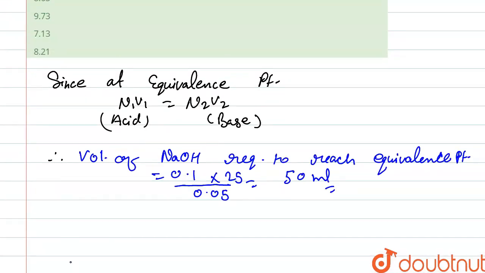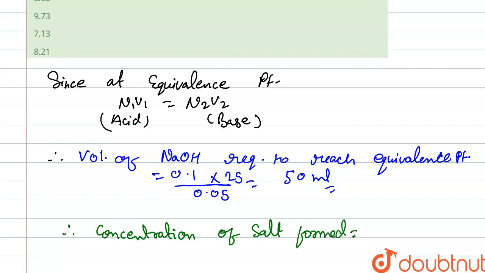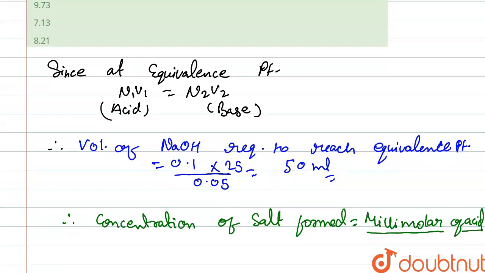Next, for concentration of salt form, right? Hence concentration of salt formed is equal to millimoles of acid upon total volume in ml, right?